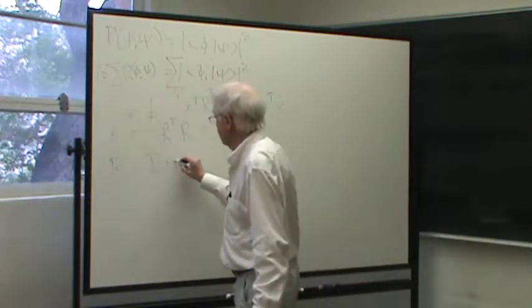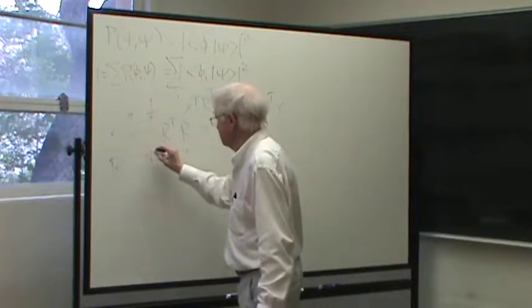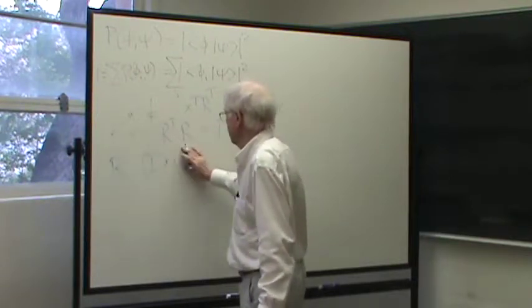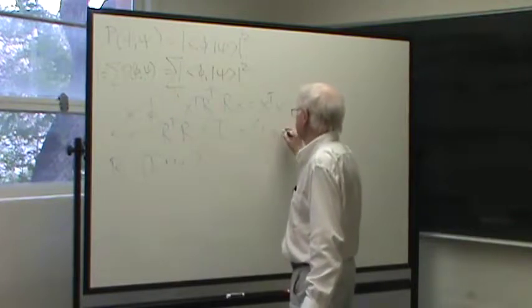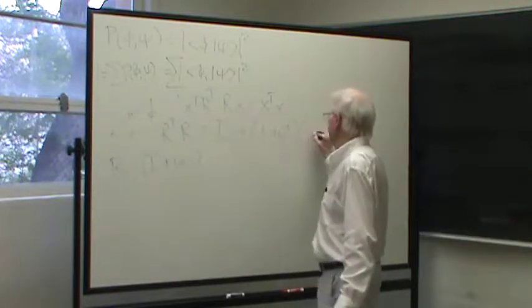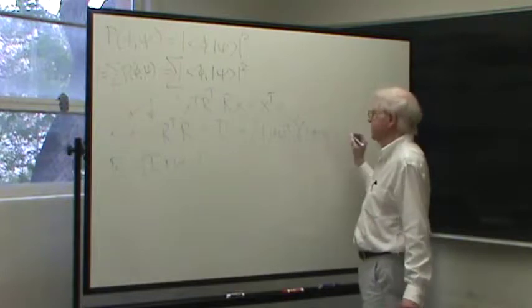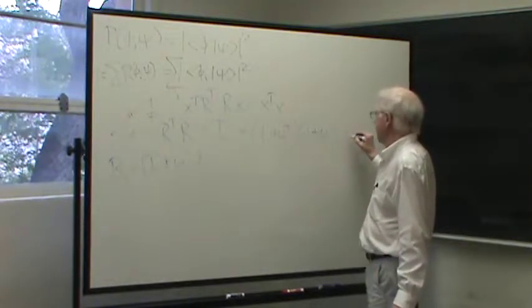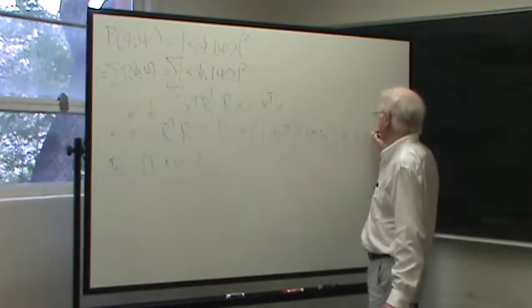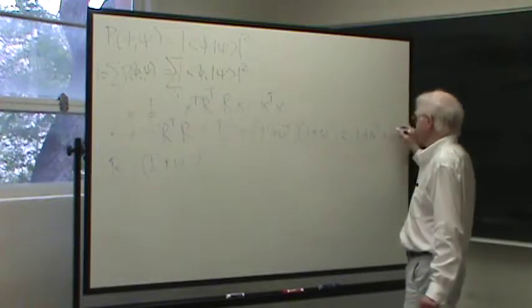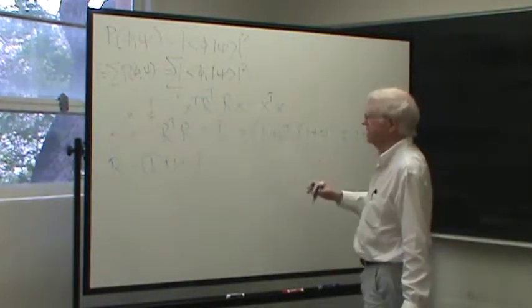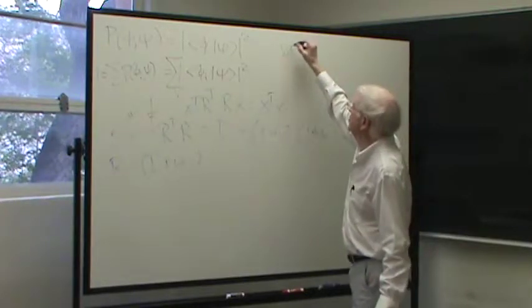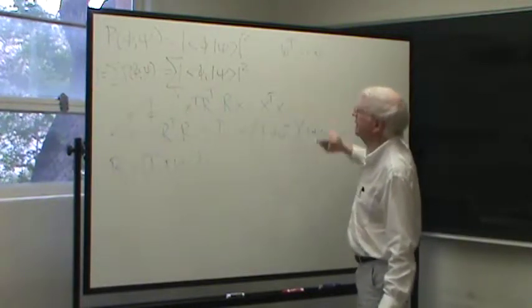R is I plus omega, and so I plus omega transpose times I plus omega is 1, and this is approximately 1 plus omega transpose plus omega, and omega being tiny, we say that omega transpose is minus omega.